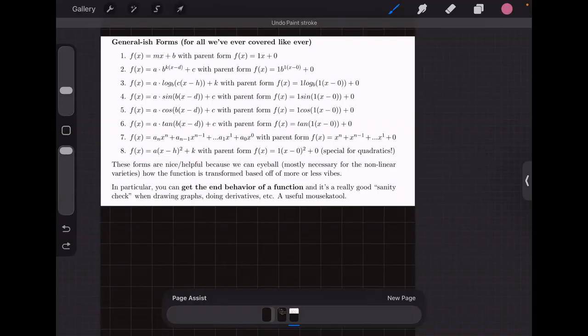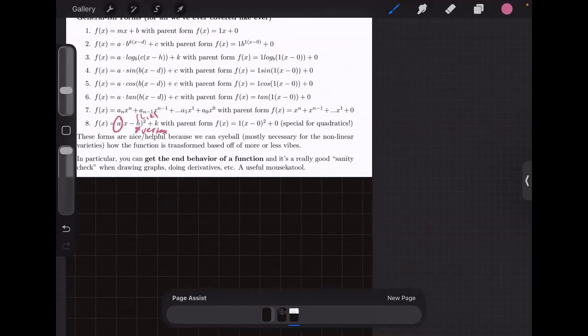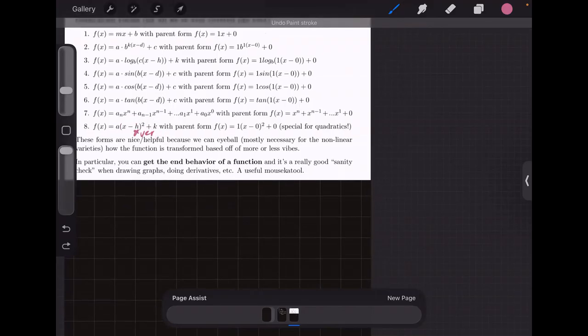It's a quadratic. This is your vertex. It's in vertex form, so h comma k is your vertex. A is your leading coefficient, but it's also the stretch and shrink, so you can tell whether it does this or like this or whatever. But the most important part is that end behavior is important.